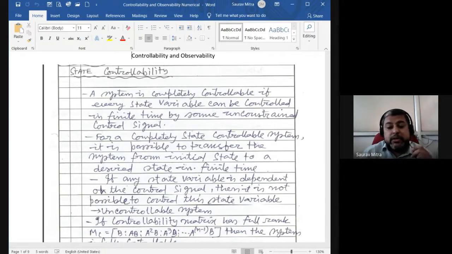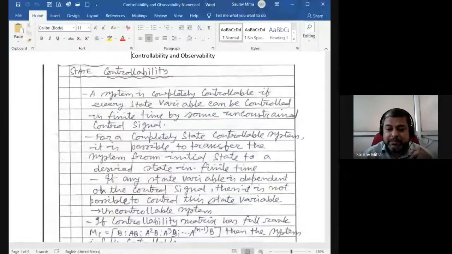So that solutions we have done last day. So zero input response is e^(At) into x0. That is by internal initial conditions. Zero state response, ZSR, that is whatever external forcing function we are giving. So that forcing function might change. Sometime it might be u(t), sometime it might be ramp, sometime it might be parabolic or sinusoidal.